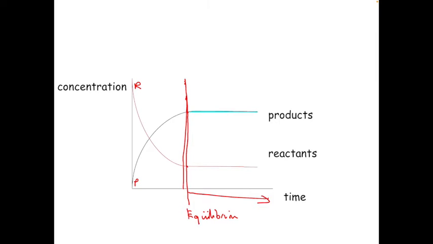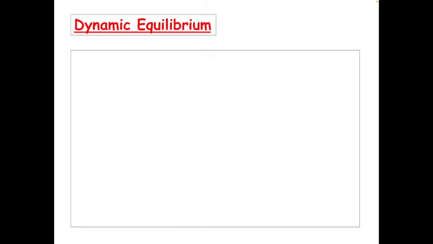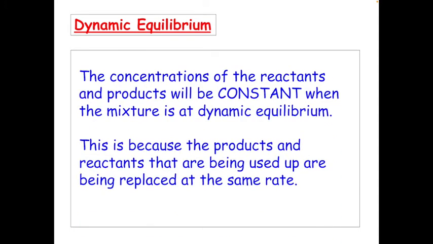And the reason equilibrium is set up at that point is because that is when the lines for the products and reactants concentration go flat, and that tells you that they are not changing. It tells you that they're constant, and we said that was the point that equilibrium was set up. So the concentrations of the reactants and products will be constant when the mixture is at a dynamic equilibrium.